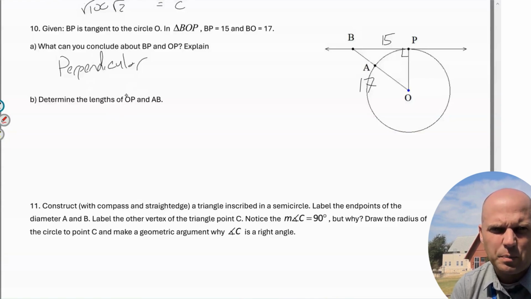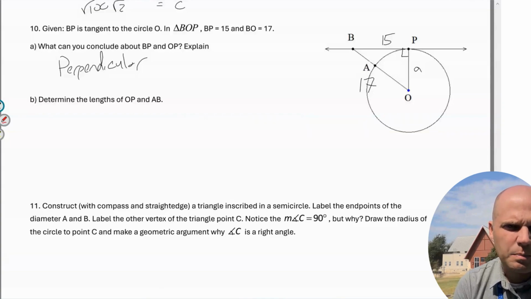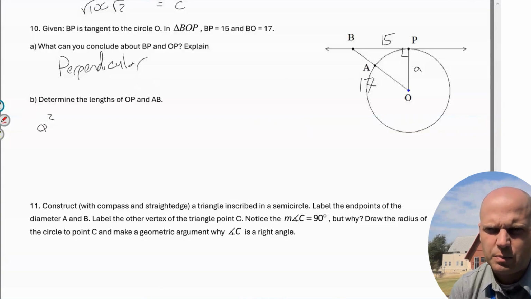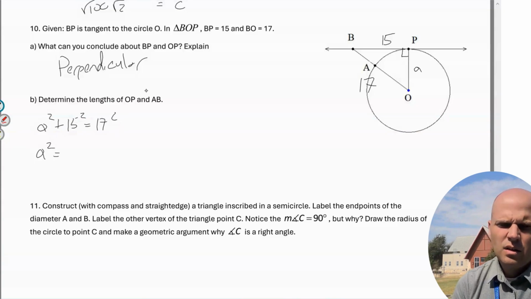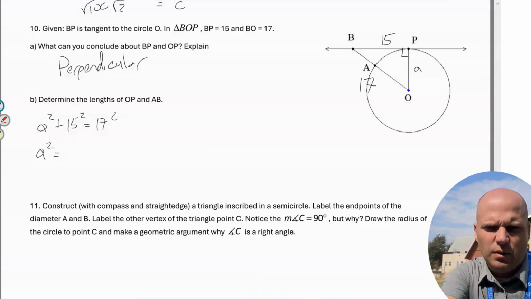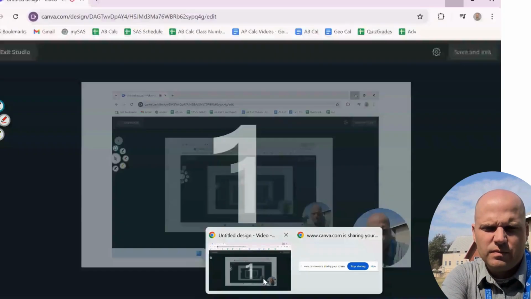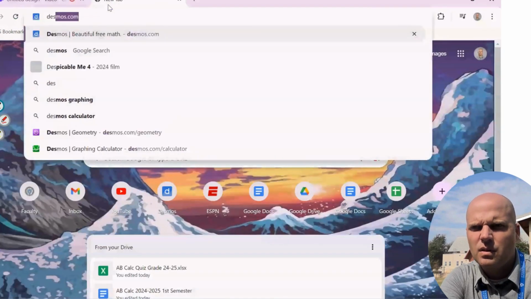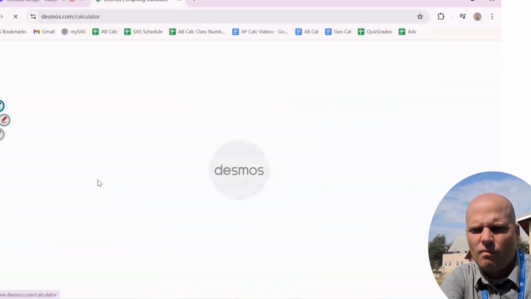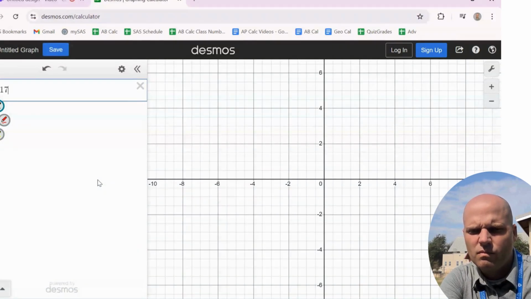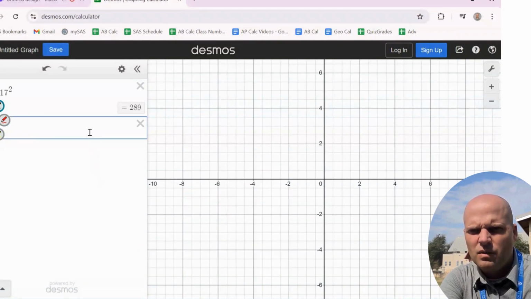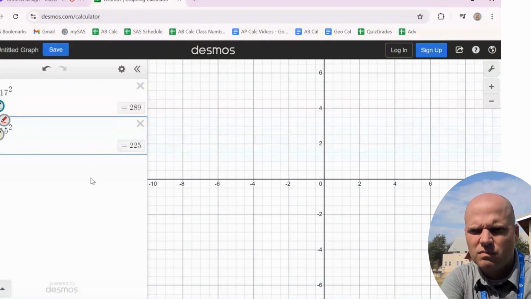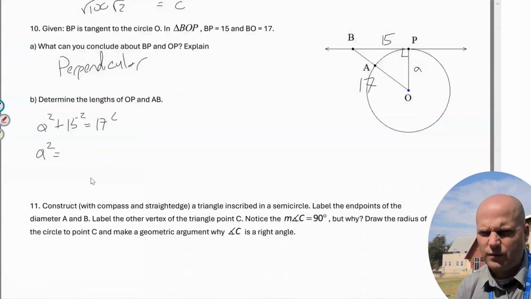Now, how do we find OP? A squared plus B squared equals C squared. I don't know what 17 squared is. Okay, so 225.